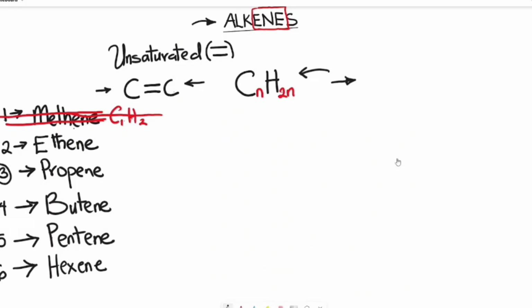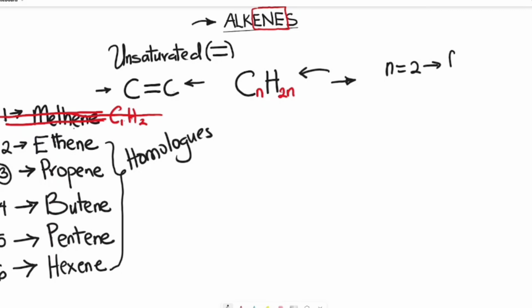If you check all your organic chemistry textbooks, you'll see that the naming starts from the second child down to the last of the homologues, right? For ethene, it's the number 2 child. That means n is equal to 2.